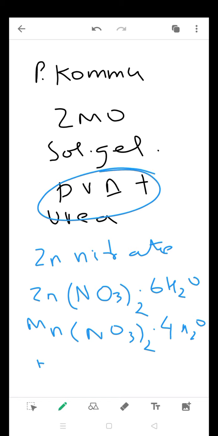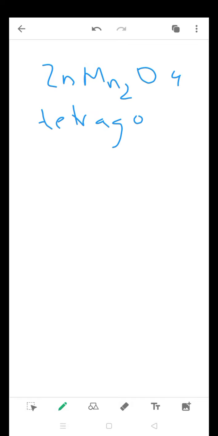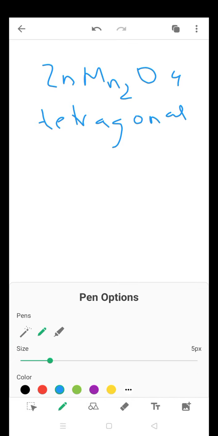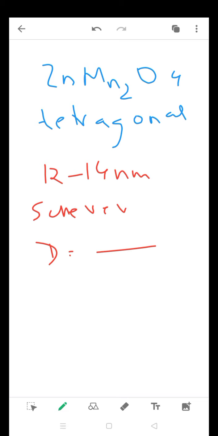So by these raw materials, he made this ZMO, and after making the ZMO, he performed the XRD studies, and he found the tetragonal phase of zinc manganese oxide was confirmed through XRD, and the crystallite size varied between 12 to 14 nanometers, which he obtained initially by the Scherrer method, which you all know is D equals 0.9 lambda by beta cos theta.